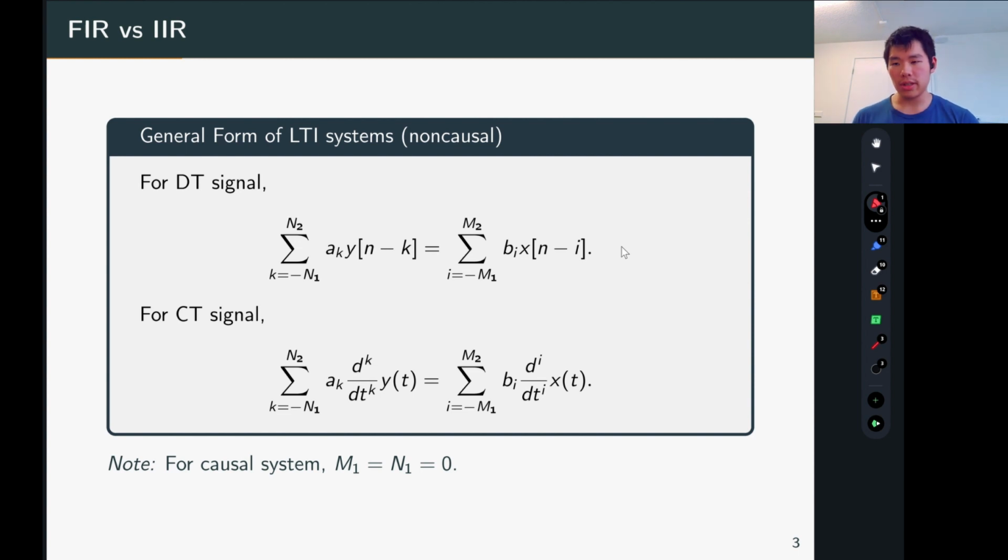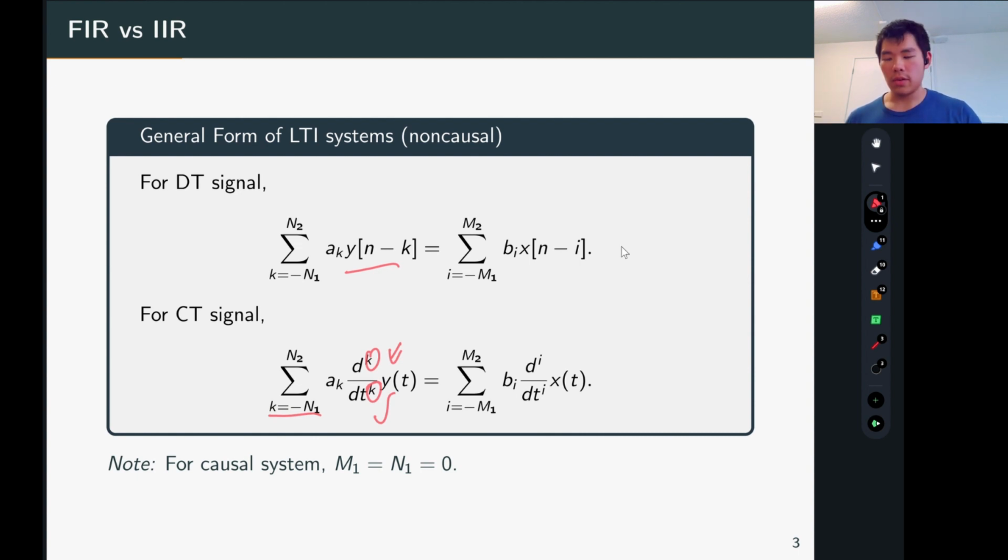And for the continuous time signal it is similar, except instead of differences like y of n minus k, you have derivatives, so it's over order of minus k to k.